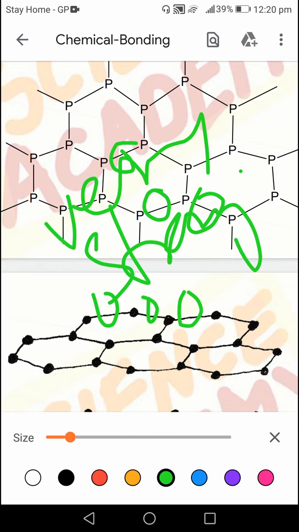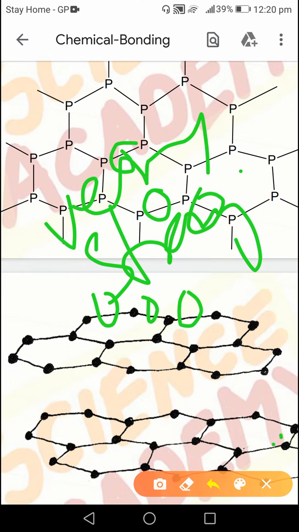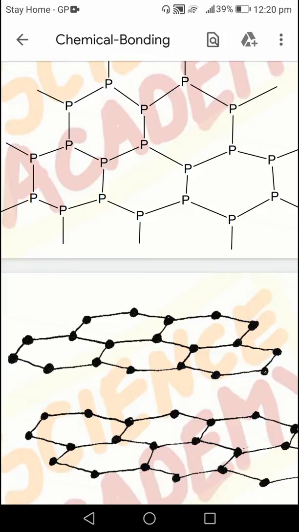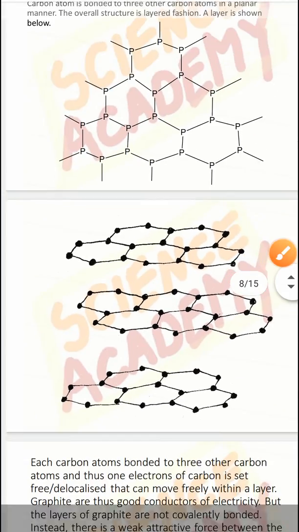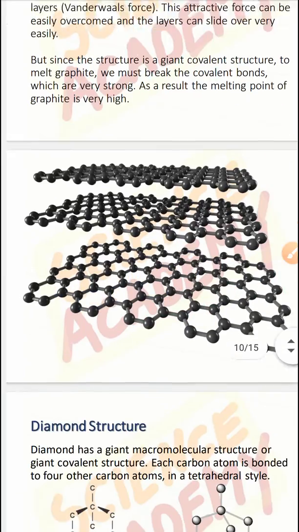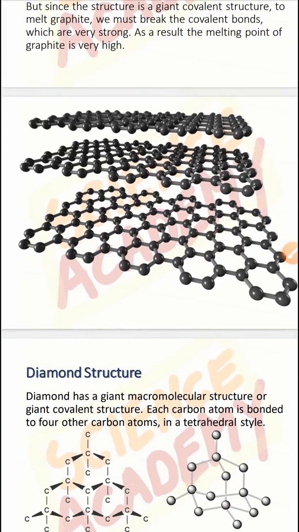You need to apply a lot of heat energy to break these covalent bonds, for which graphite has a very high melting point. So here is a layered presentation of graphite.